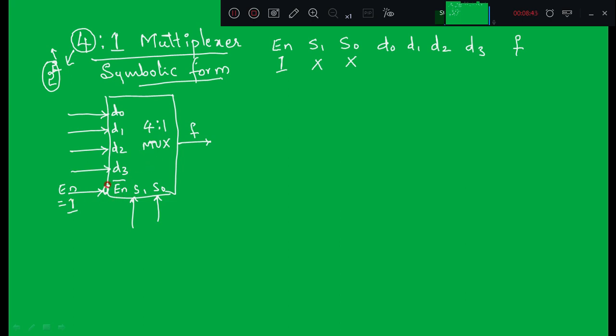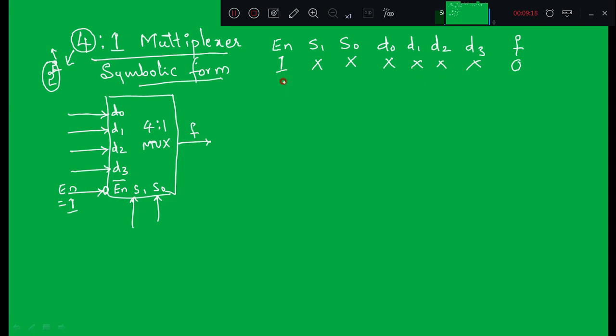Whatever the values of S1, S0 or D0, D1, D2, D3, the output will remain 0, because the multiplexer is totally disabled. You put anything on these data lines and select lines, none of them is selected, and F will always remain 0. Don't care means either you put 0 or 1, none of the data lines or select lines are selected, and the F output will remain 0.